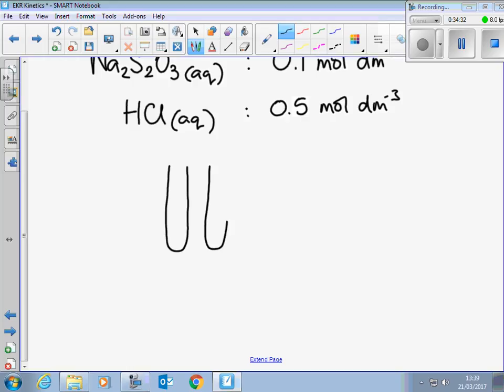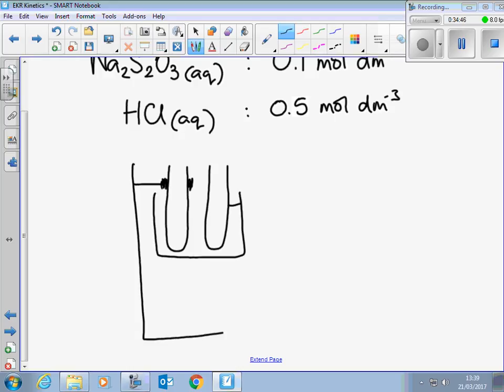Your 2 tubes, one of them, this will be your reaction tube, held in a clamp stand in a beaker of water to maintain a constant temperature. Thermometer in there so that you can record that constant temperature and you can put it into your write-up.